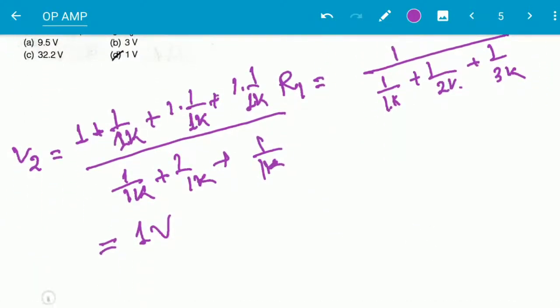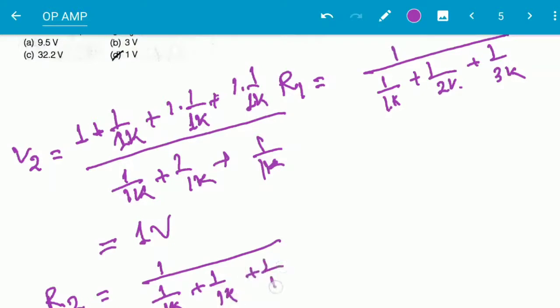And R2 is equal to the parallel combination 1 by 1k plus 1 by 1k plus 1 by 1k, and this is coming to be 1 by 3 into 10 to the power 3 ohm.